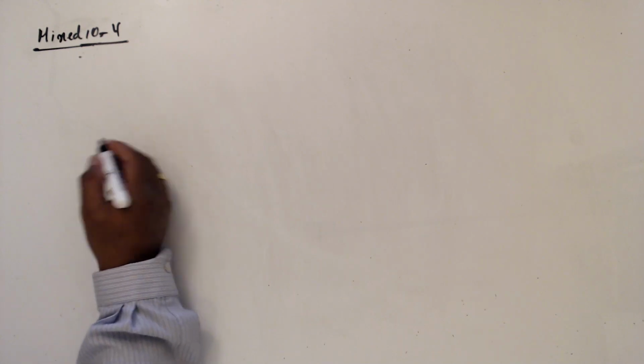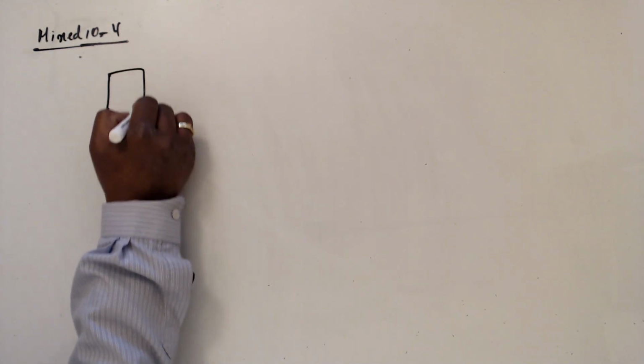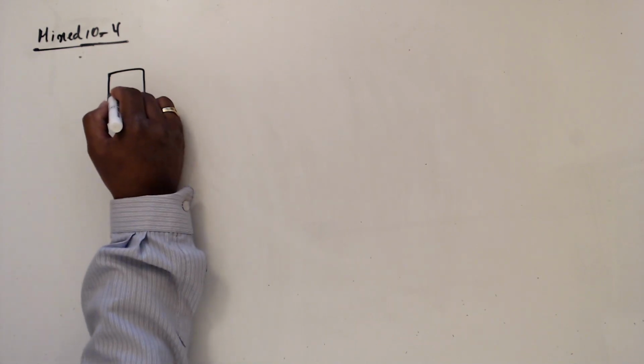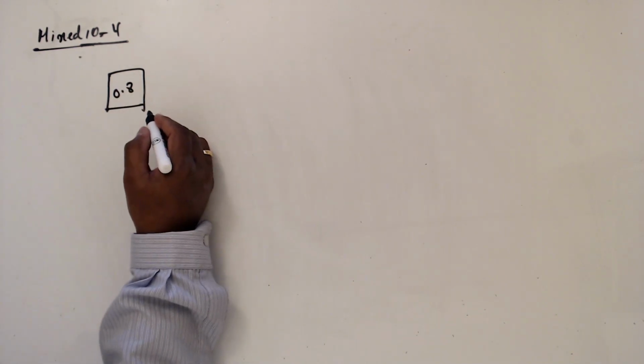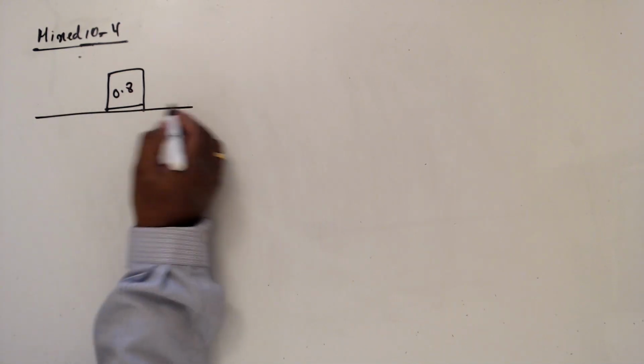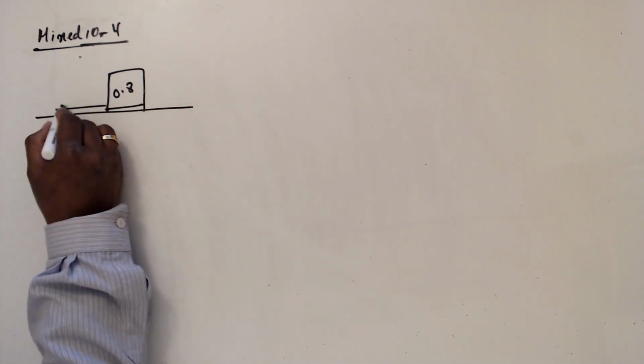Question number 4. A block of mass 0.8 kg is pushed along a rough horizontal surface. So this is a rough floor, then there is a friction.